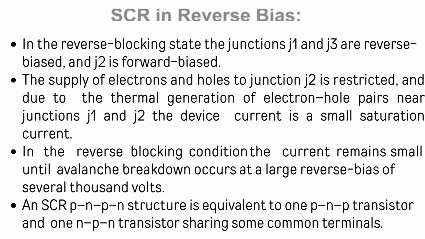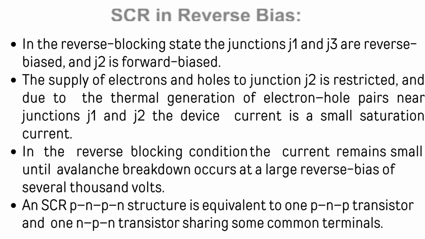SCR in reverse bias. In the reverse blocking state, the junctions J1 and J3 are reverse biased and junction J2 is forward biased. The supply of electrons and holes to the junction J2 is restricted, and due to the thermal generation of electron-hole pairs near junctions J1 and J2, the device current is a small saturation current.